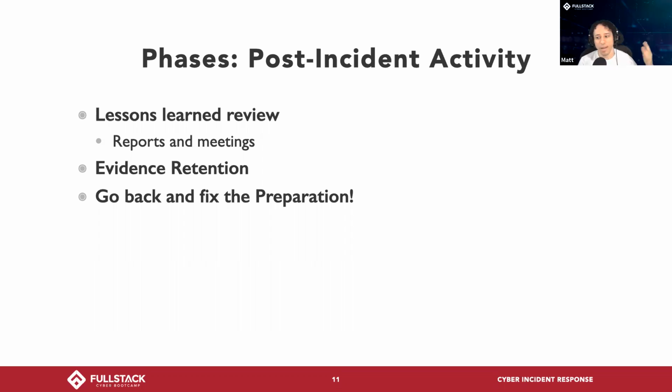Talk about the MITRE framework and what TTPs, what tactics, techniques, and procedures did your adversary use? And then most importantly in this phase, what security controls could have mitigated this incident? And again, you don't want to focus on blame, only on what kind of improvements you can make.